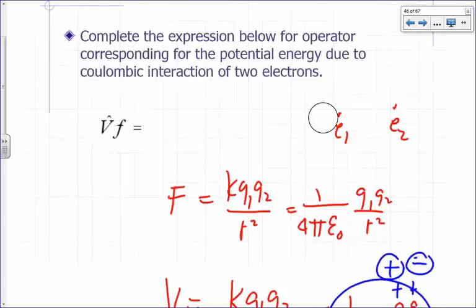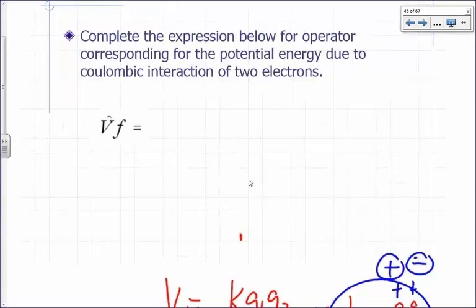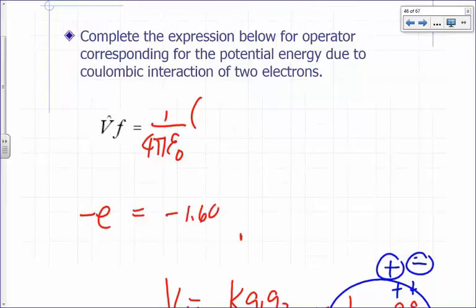All right, so what would be our expression for the potential energy operator here? It's just going to be 1 over 4 pi epsilon naught. And what's the charge of an electron? Negative E, right? What is E? 1.602 times 10 to the negative 19 coulombs.